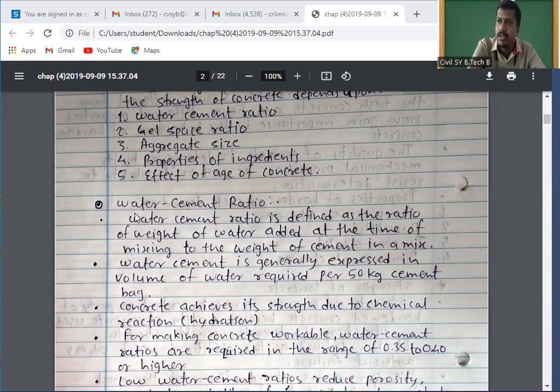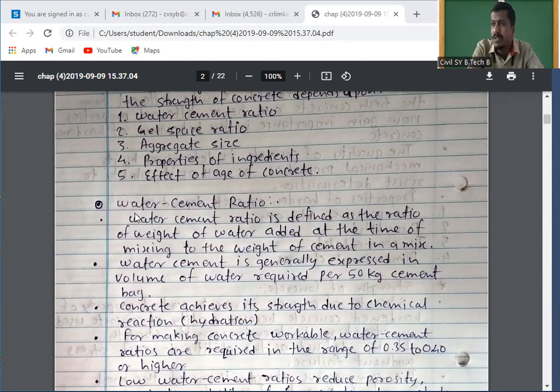The water content in a given concrete is generally expressed as volume of water required per 50 kg of cement, or per bag of cement, you can call it.